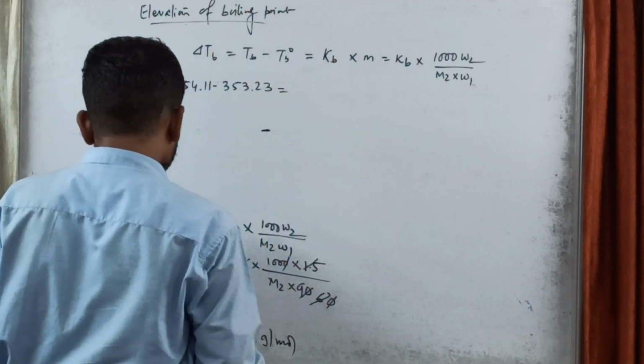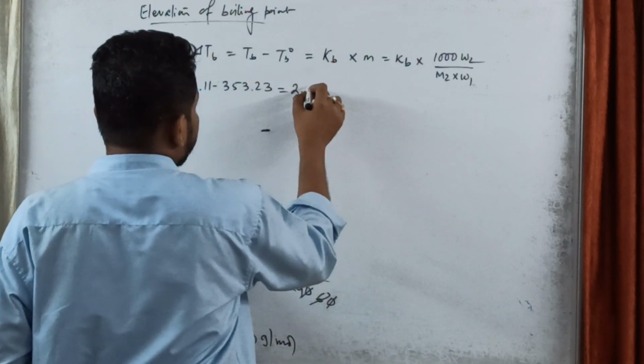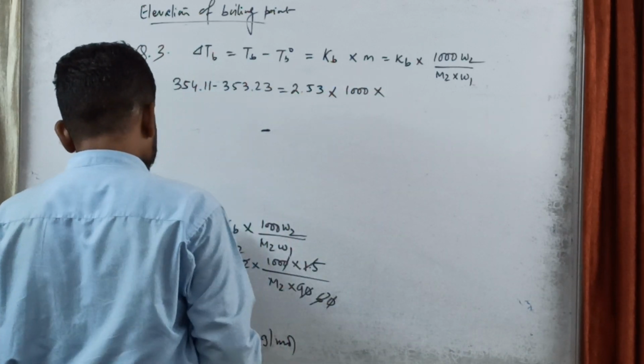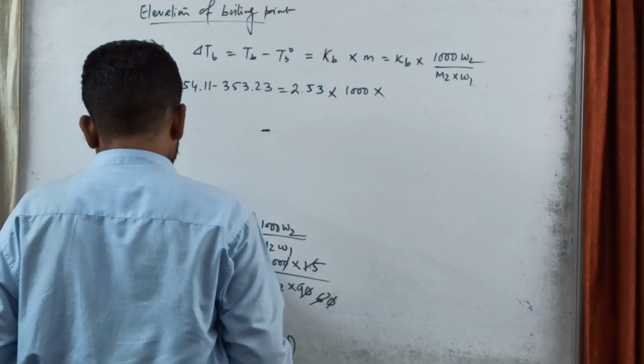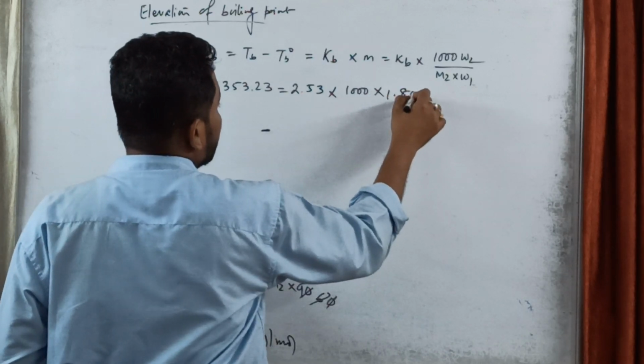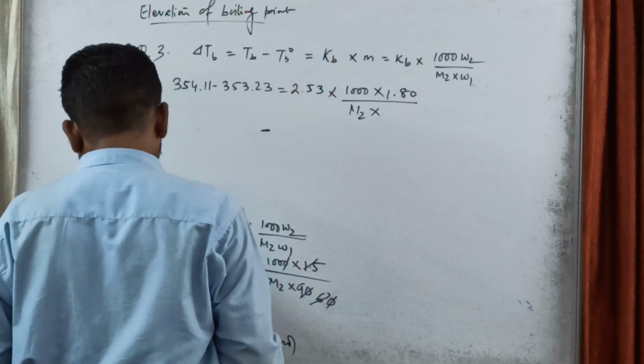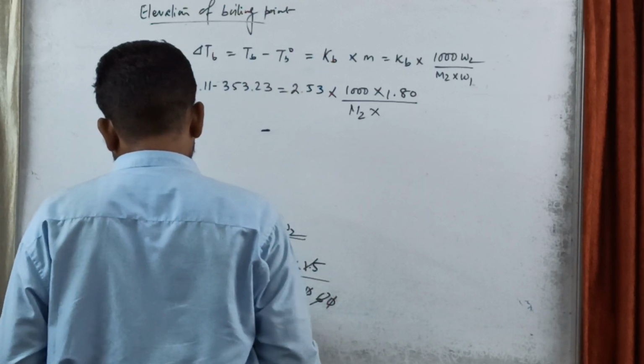So Kb it is written 2.53 into 1000 into W2. What is the W2 given? That is 1.8, divided by M2 you need to calculate, and W1 is again given 90.